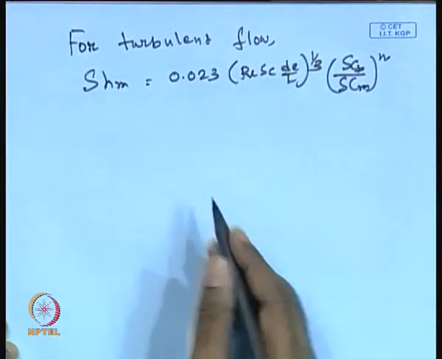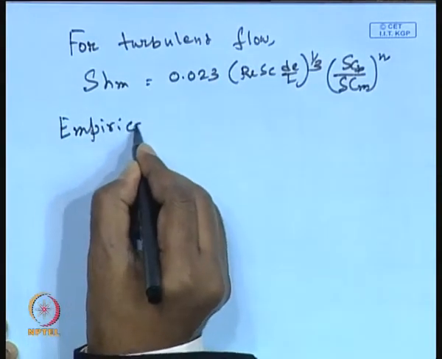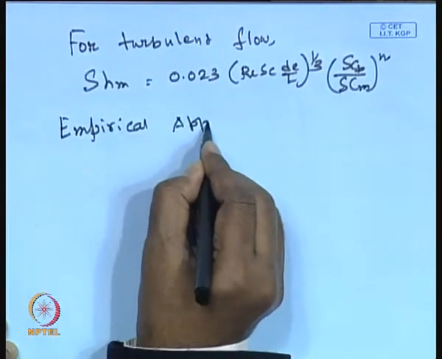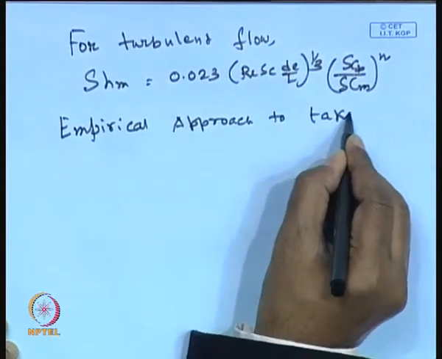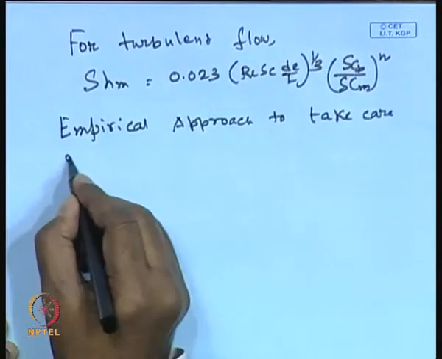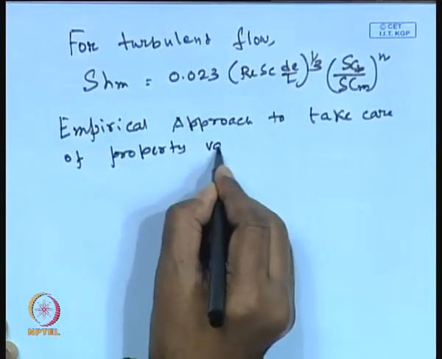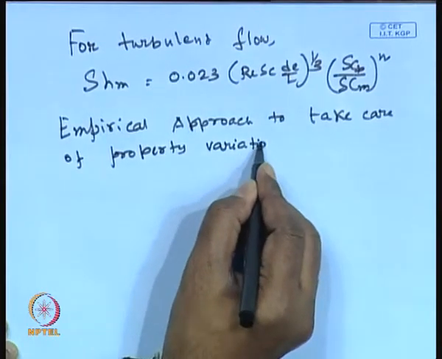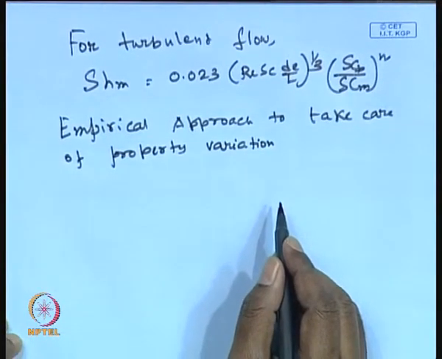So, this is an empirical approach to take care of property variation because of the concentration variation within the mass transfer boundary layer.